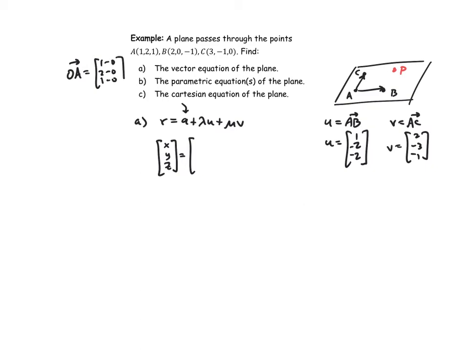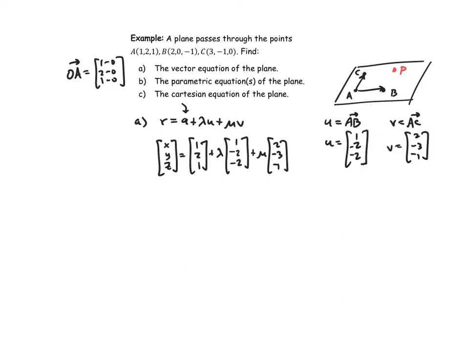So there's no change there. So that'll be the points of A, 1, 2, 1, plus lambda times U, which we determined over here, plus mu times V. Of course, we're under the assumption that lambda and mu are just real numbers. Okay, so there you go. You got the vector equation of the line.